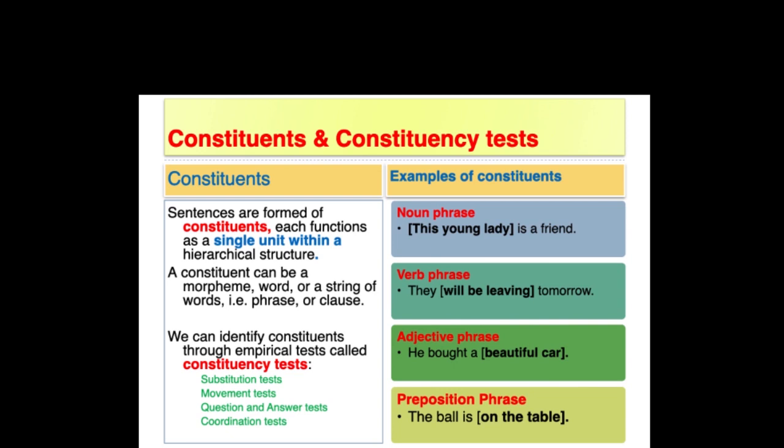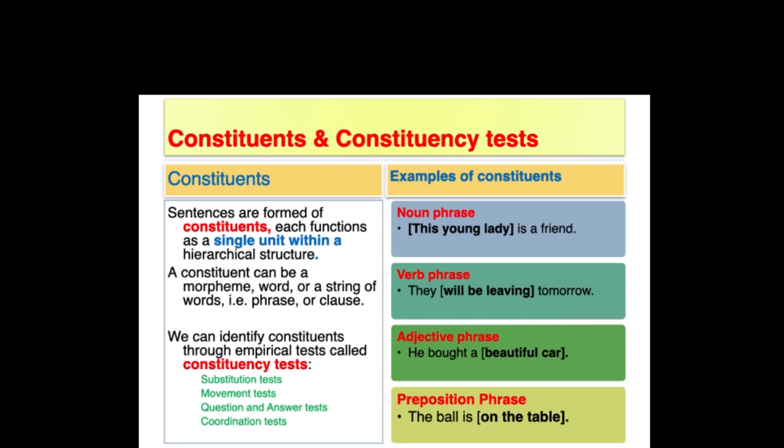Constituents, as we have seen in the definition, might be a word and might also be a string of words, which means that if we look at the first sentence, "this young lady is a friend", we can say that "this young lady" is a noun phrase, and the whole noun phrase constitutes one unit. It stands for a single unit.